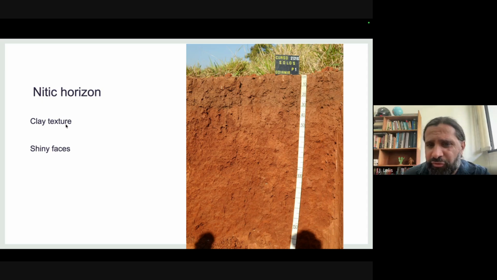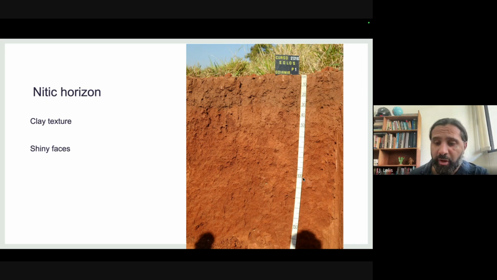Of course, on photos, this Nitic horizon can hardly be identified very easily because we cannot see these shiny faces when we check the soil profile that way, but when we are close to the peds, we can easily see the shiny faces. The Nitic horizon is different from the Argic horizon because the Nitic horizon must register a clay texture. It cannot register, for example, a loamy texture. The Nitic horizon should register a clay texture.